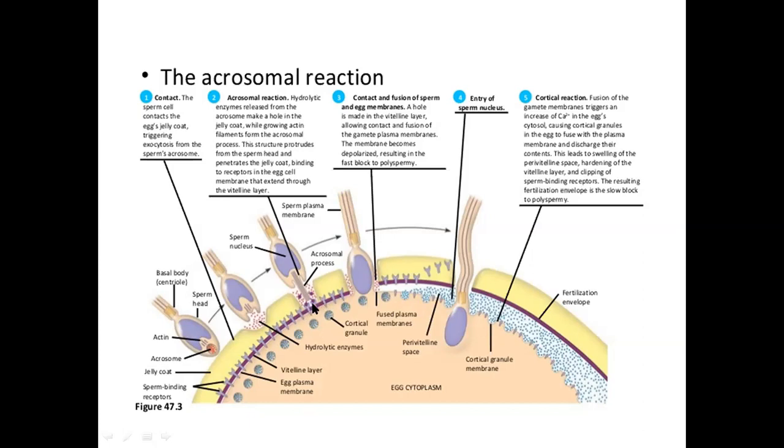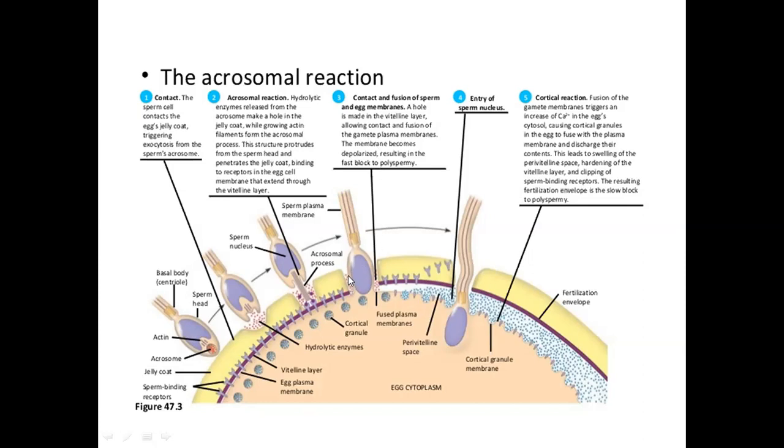And finally, they produce small pores in the vitelline membrane. These acrosomal enzymes now act on this vitelline membrane, and there is a large hole. So initially there was contact, then there was the acrosomal reaction, that is, pouring of the hydrolytic enzymes producing small pores, and now the actin is binding with the ZP receptors, and now there is contact and fusion of the egg membrane.